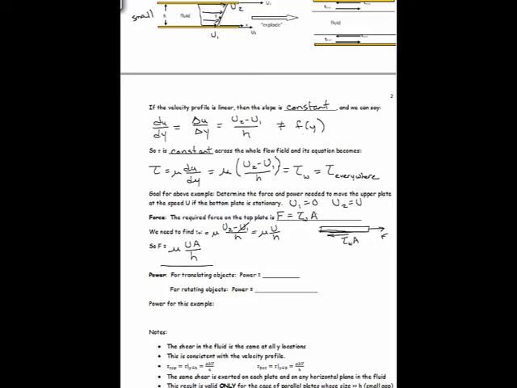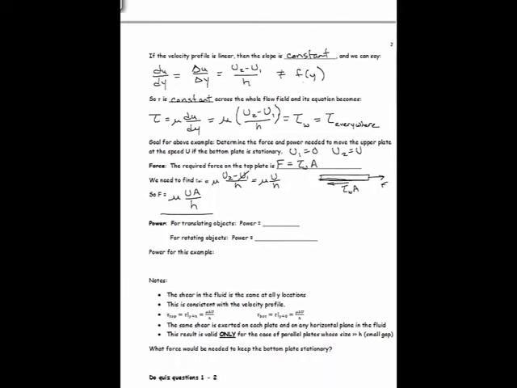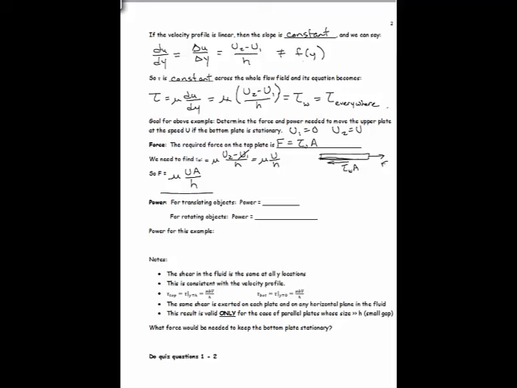Just remember force equals tau times the area. Power, if you remember back to physics, is different for translating objects and rotating objects. If we're talking about the power of that plate, it's just translating, and for translating objects, power is force times velocity.